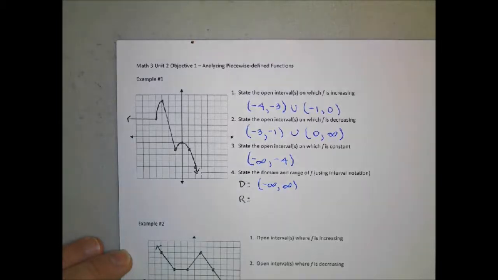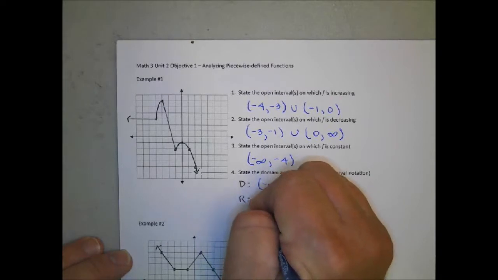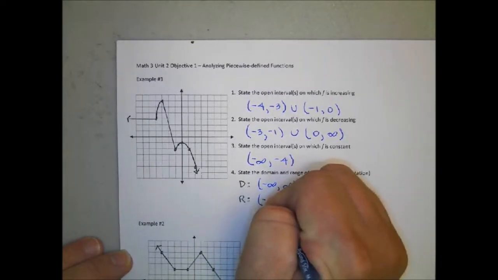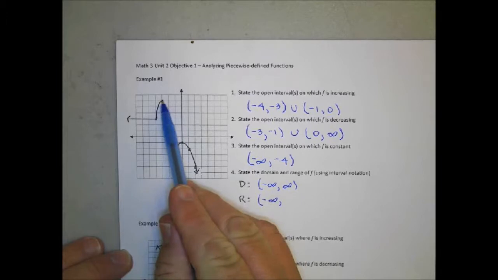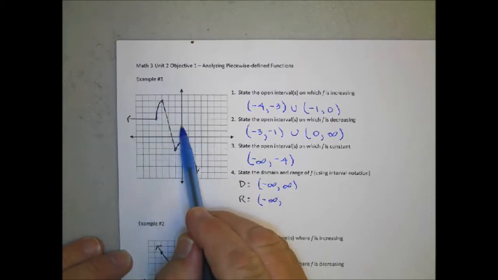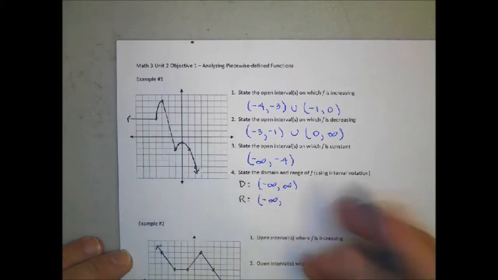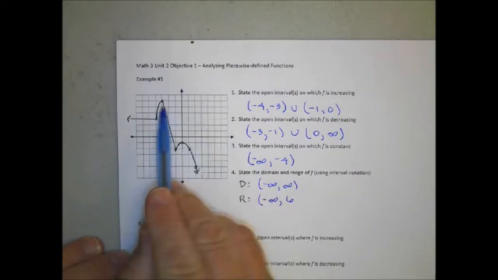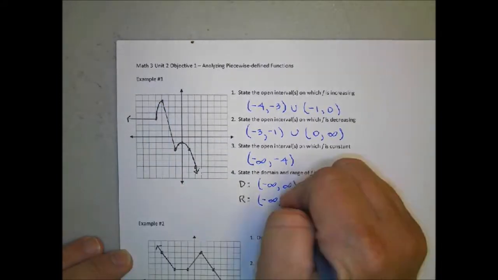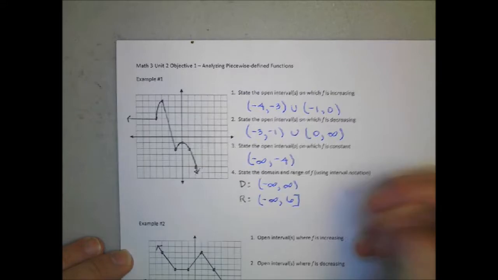Now the range, the values of y, this goes down forever and ever, so it really doesn't have a low point, -infinity. It does have a high point right up here, and that is a y value of 6. And since that's a closed point, we close the bracket.